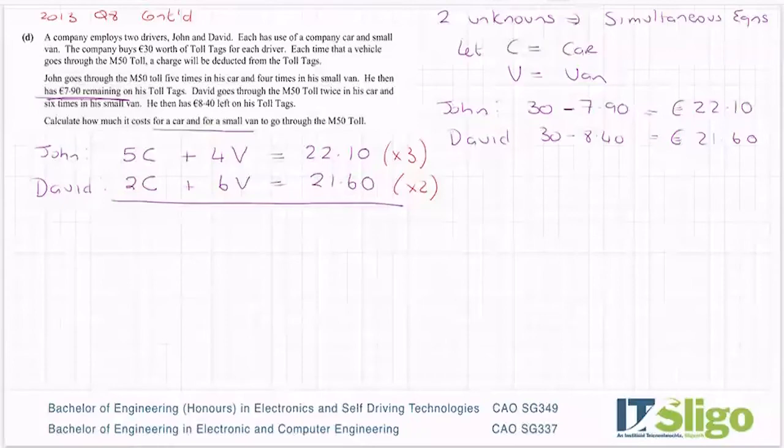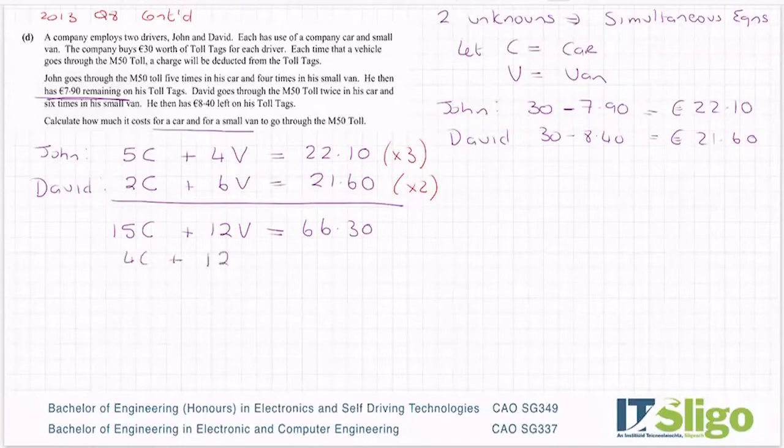So then I'd get 3 5s are 15C plus 4 3s are 12V equal to, don't forget to multiply the number by 3 as well, because one common mistake is you'd write down 22.10, but it's not, it's 66.30. And then on the bottom line, 2 by 2C is 4C, 2 6s are 12V equals 21.60 by 2, and I have 43.20.